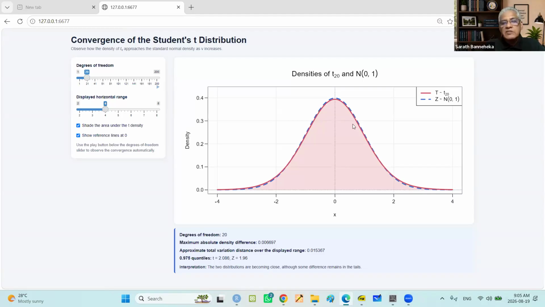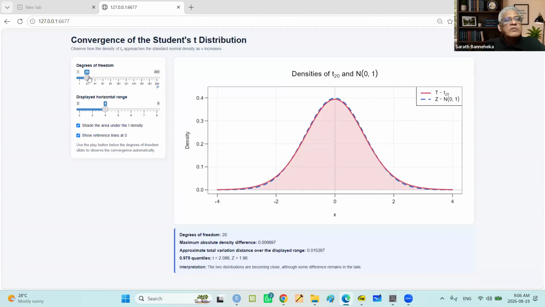But of course, in the tails, there is a big difference. For example, the 0.975 quantile for the T distribution is 2.08, almost like 2.1, but for the standard normal, it is 1.96. That difference may be important in statistical inference, especially when making decisions based on hypothesis tests, and also when constructing confidence intervals, which may not be accurate enough.